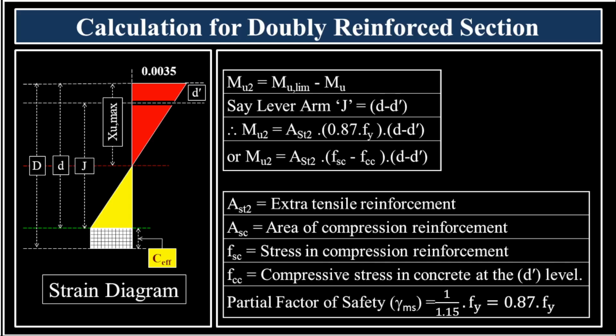Finally, you see a reminder about the partial factor of safety for steel, denoted as gamma ms. This factor, equal to 1 divided by 1.15, is applied to the characteristic strength of steel, fy, resulting in the design strength of 0.87 times fy. This ensures a safe design. Let's move to the next slide for further details on how to apply these formulas.